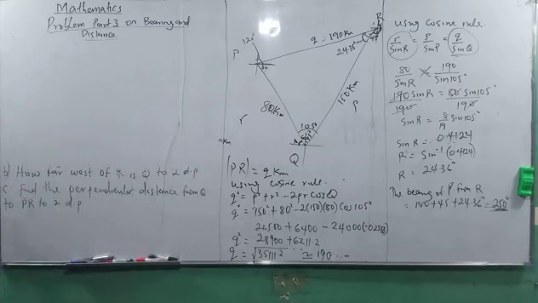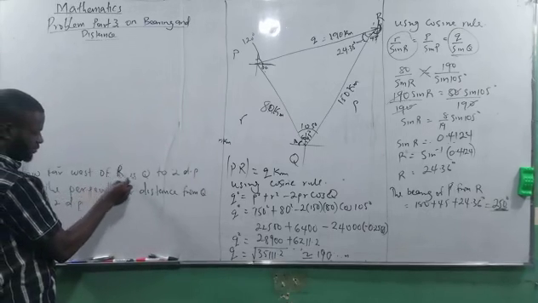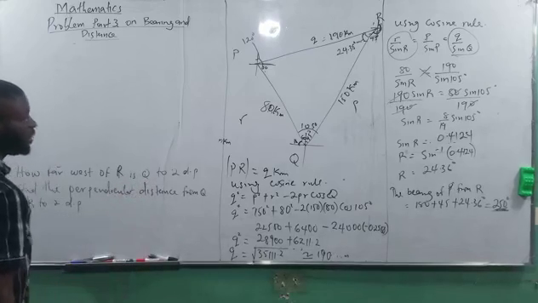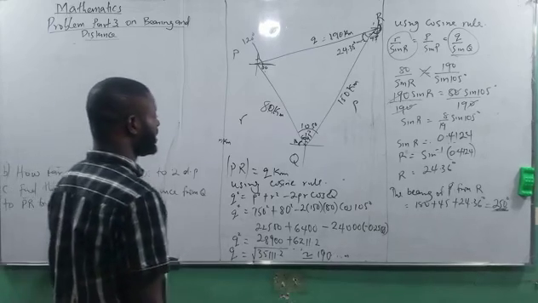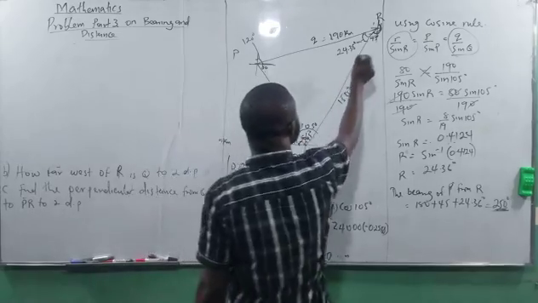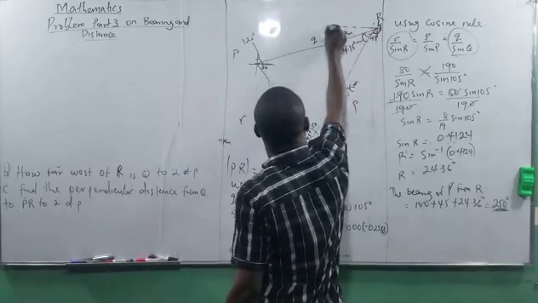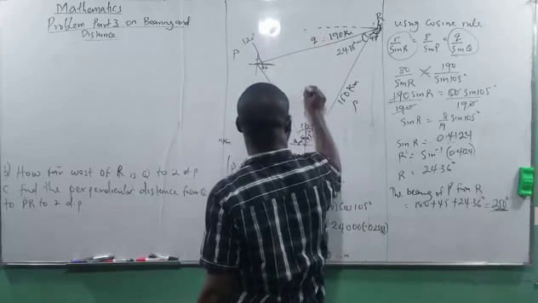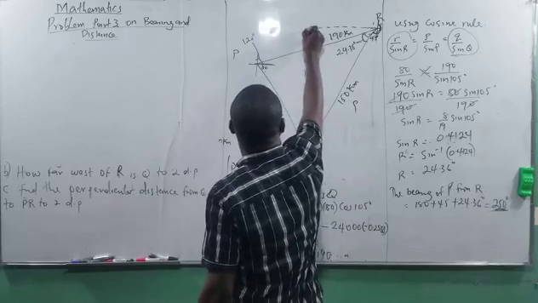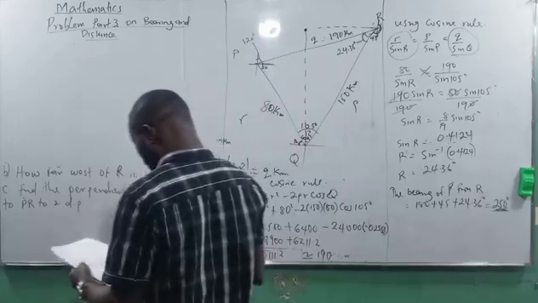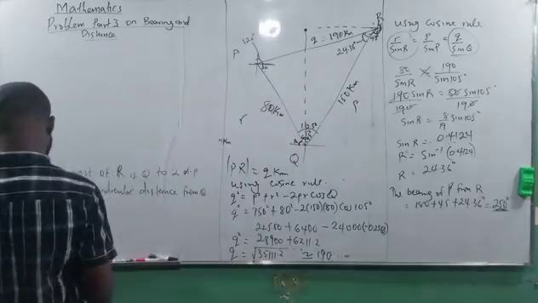Now, the next thing I'm asked to find is how far west of R is Q. This is going to be west of R. Now, that is what we are looking for, that is how far the Q is coming.